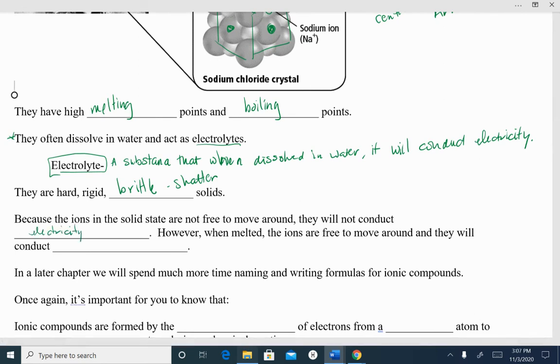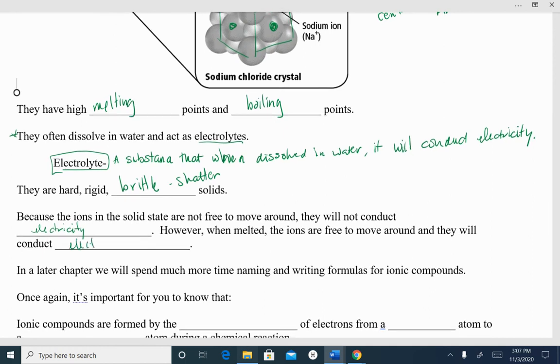To be able to conduct electricity, ions or charged particles need to be able to move. However, when these ionic compounds are melted and in the liquid state, those ions are free to move around and they will conduct electricity. Okay?